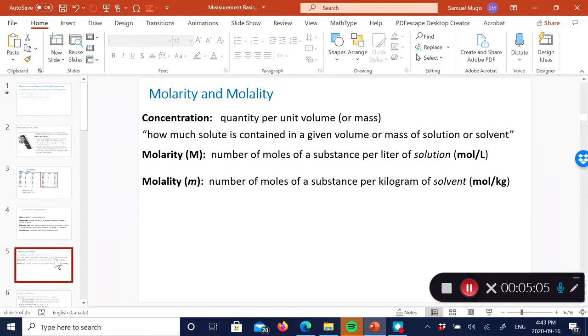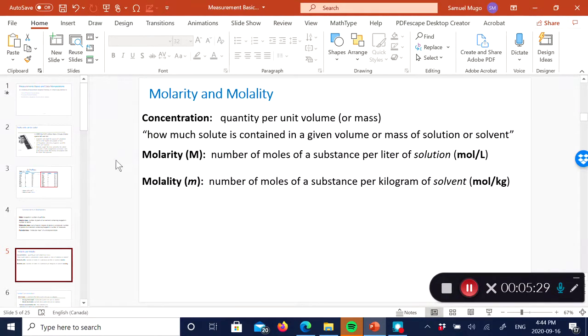When we are calculating concentrations, I think most of us are familiar with the term molarity, which is the most common method of calculating concentration, which refers to the number of moles of a chemical substance per liter.